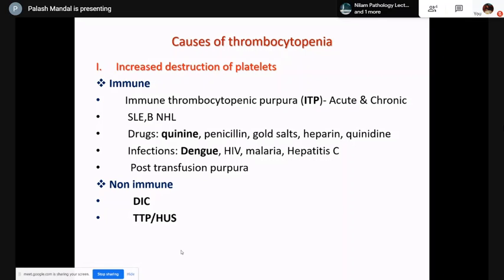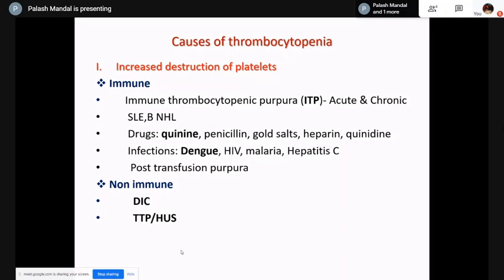Next, immunologically mediated causes can be SLE, systemic lupus erythematosus, which is a collagen vascular disorder, and B cell non-Hodgkin lymphoma, usually the DLBCL category. There are drugs which also lead to immune destruction, most commonly quinine, which is used in resistant cases of malaria.